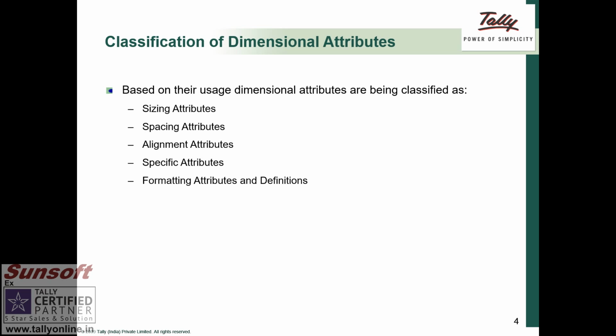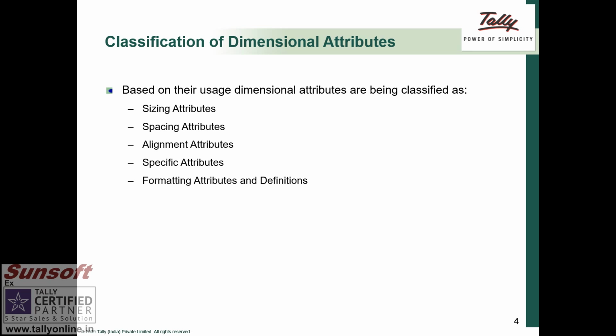Now the dimensions are classified as sizing, spacing, alignment, specific attributes, formatting, and definition. Sizing attributes are for giving the size to a report, a form, a part, a line, a field. Spacing attributes give the space between two objects.